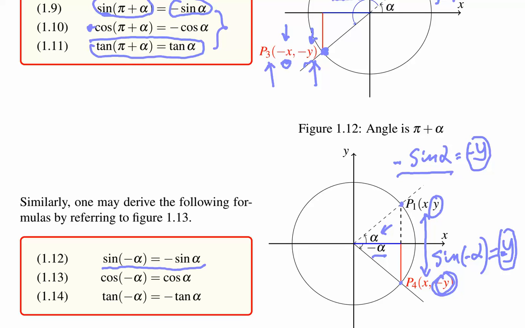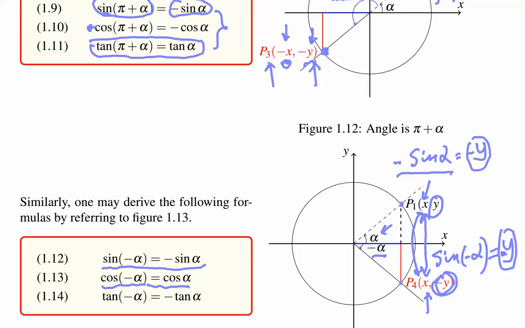But the x-coordinates are the same, so cosine of negative alpha is still x, which equals cosine alpha. That's how we got that.